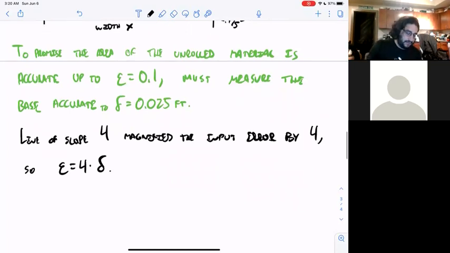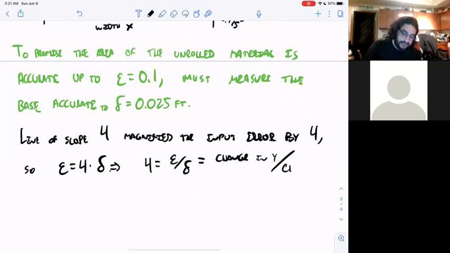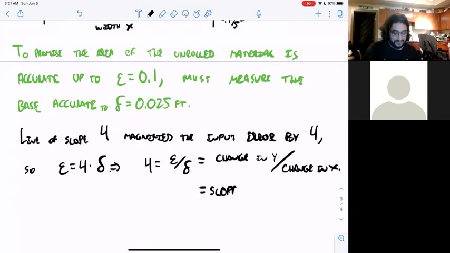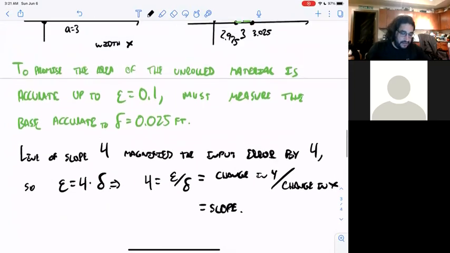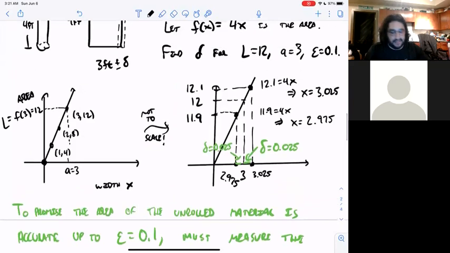This is really nice because if you do a little bit of algebra, you can say this is the same as if you divide both sides by epsilon, you get that 4 equals epsilon over delta. What is epsilon? It's really a change in y, right? And what is delta? It's really a change in x, right? And what is that? It's slope, which is 4, right? That's a nice way to think of epsilon and delta.